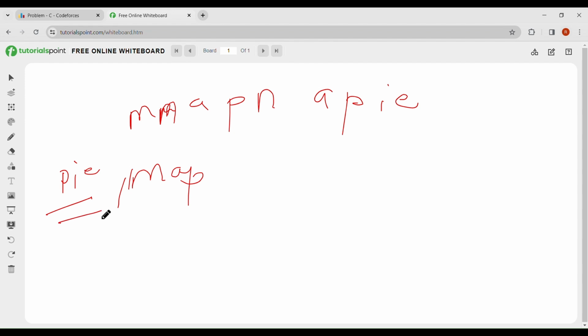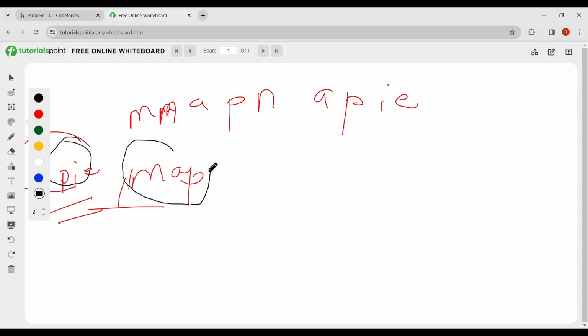If these things are there in the string, the string will be ugly. These 2 means any of these, pi and map, will be in the string, then this will be an ugly string, and you need to remove characters from this one. After that, this formation will not take place.